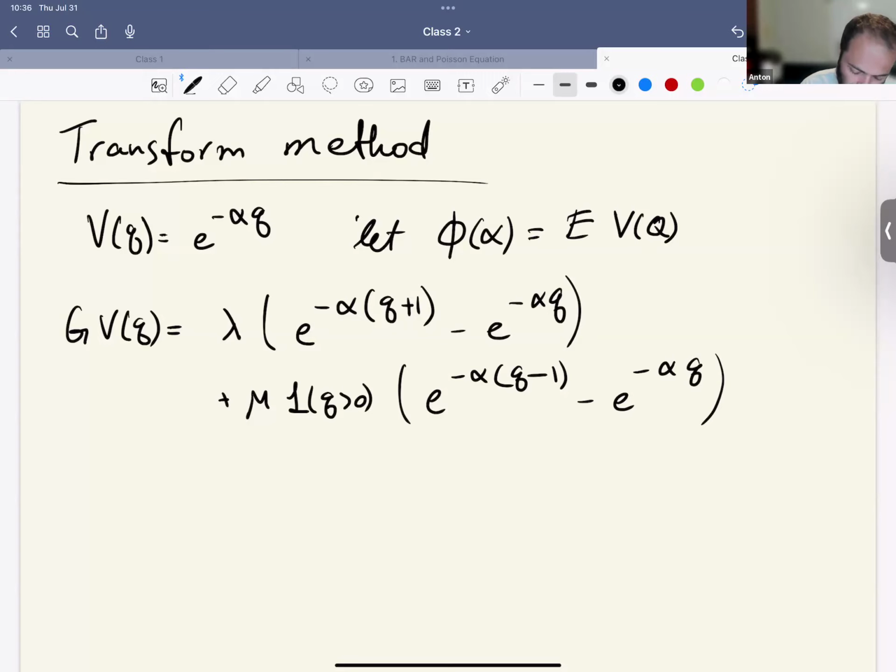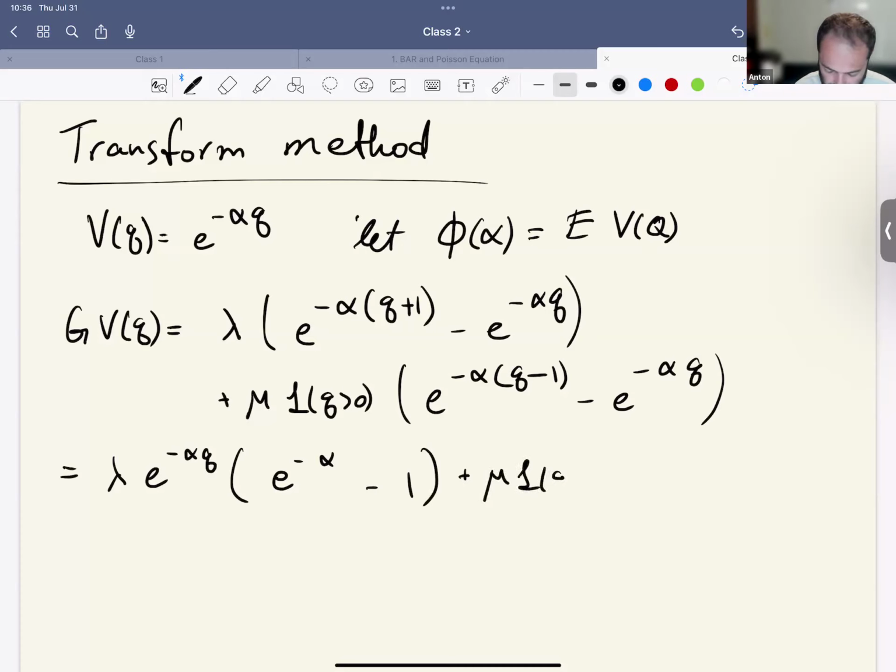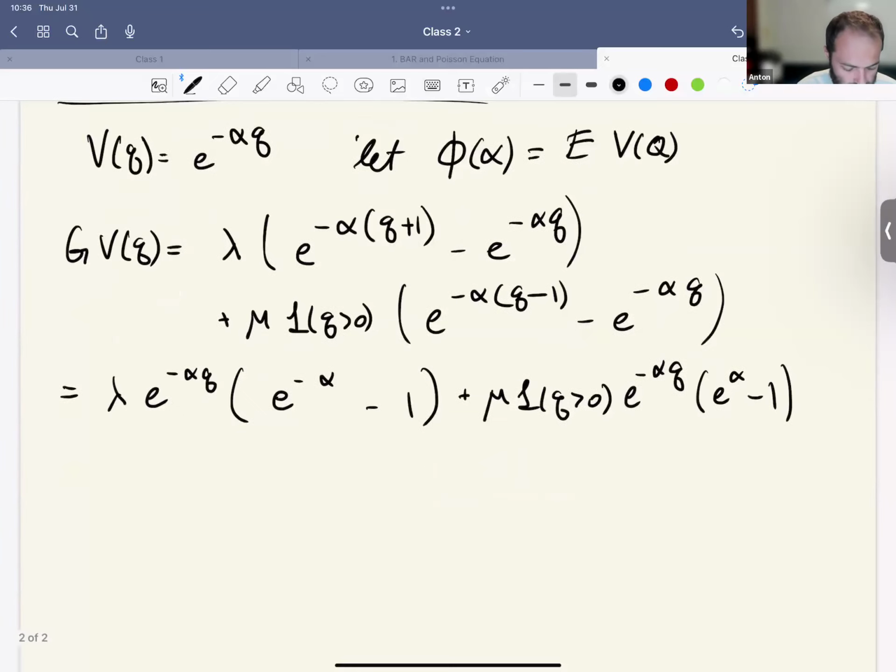Then we just factor things out: e to the negative alpha q times (lambda (e to the negative alpha minus 1) plus mu indicator q is bigger than 0 (e to the alpha minus 1)). And we take expectations.